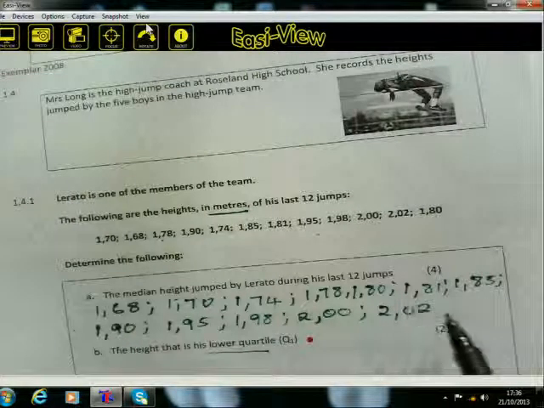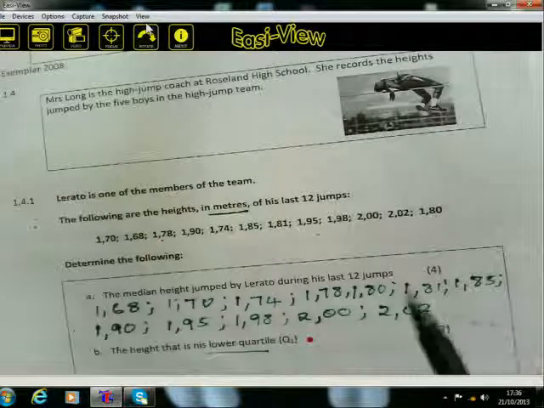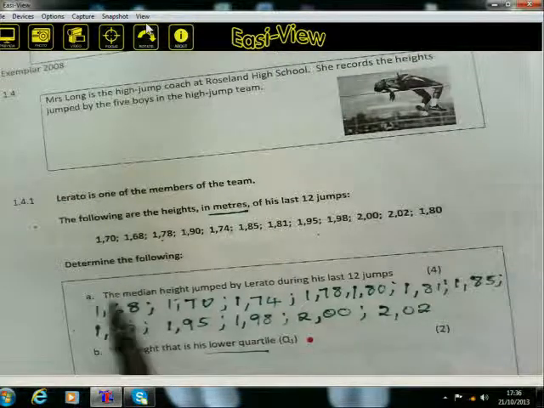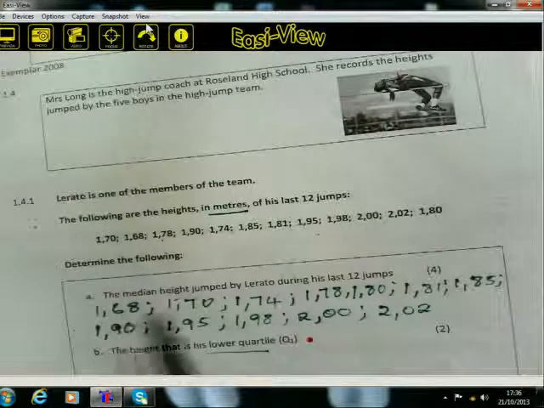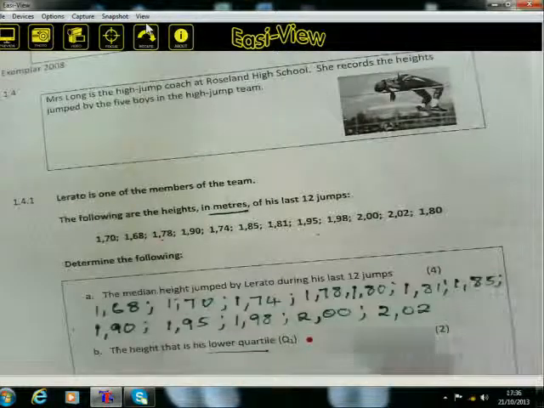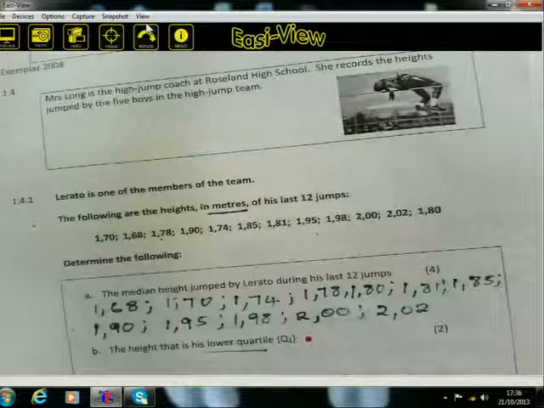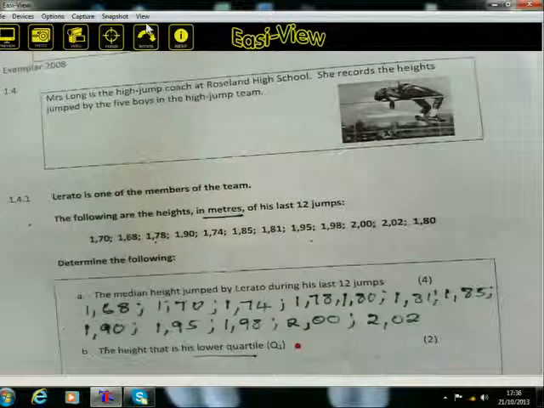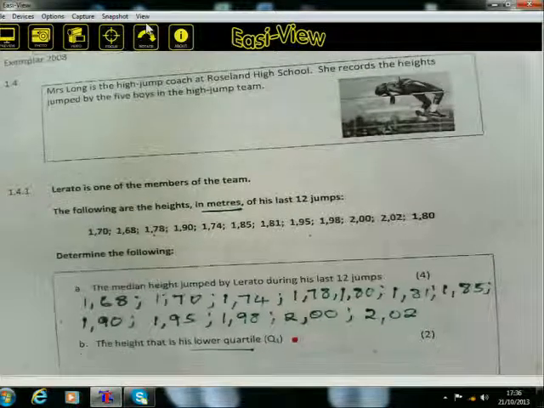Remember, we said that if you count this data, all in all it should be 12. Let us count: 1, 2, 3, 4, 5, 6, 7, 8, 9, 10, 11, 12. So 12 is an even number.